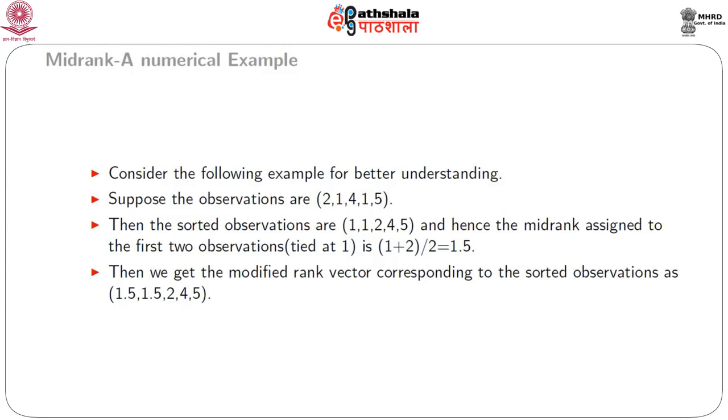If we did not have any tie at the first and second positions, we could assign ranks 1 and 2. But if there is a tie in the first 2 positions, then the mid-rank is obtained by adding the possible ranks, 1 and 2, and assigning the average of these ranks to the tied observations. Then we get the modified rank vector corresponding to the sorted observations as 1.5, 1.5, 2, 4 and 5.